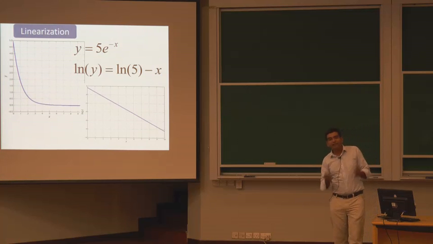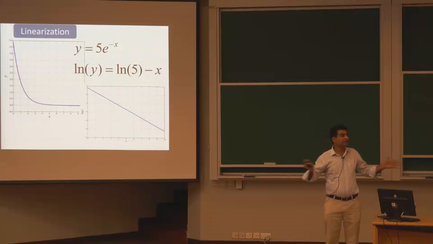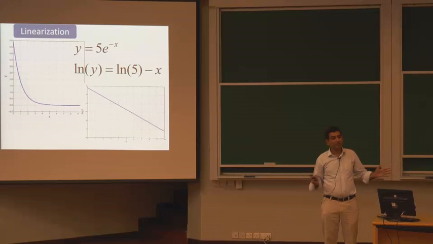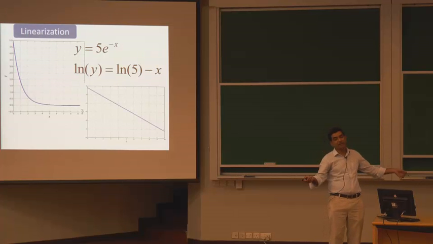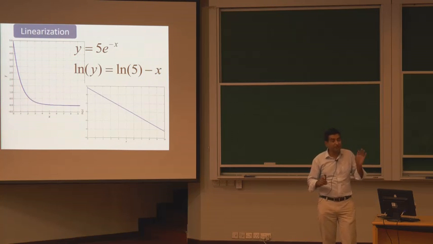So this is called linearization of data. There are a huge variety of experiments in which the data is non-linear, but you would like to convert it into a linear form because it's easy to find out the slope and the intercept. The slope and the intercept can carry some valuable information, as you would know. So this process is something that you should be really comfortable with.